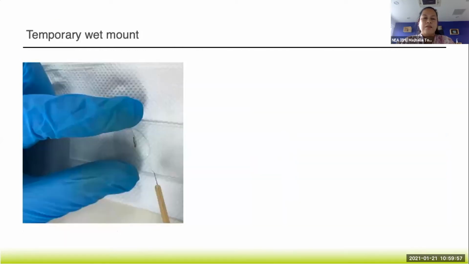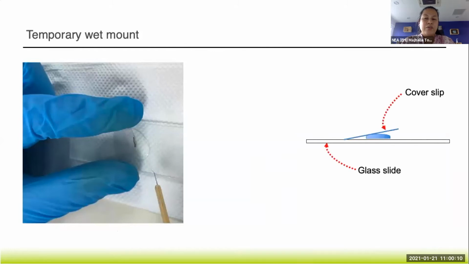Okay. So this is what we call the temporary wet mount. When you're doing temporary wet mounts, you're just using water. And this is how you position your cover slip. One side is touching the glass slide and try to put the droplet of water in the middle of the cover slip.